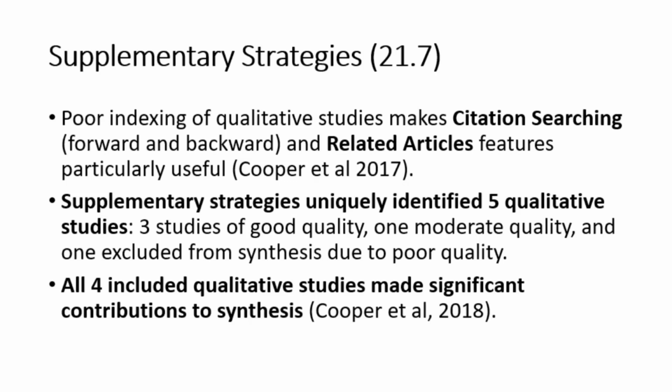And the evidence for this is relatively thin and relatively recent, but an example of this is where supplementary strategies such as these identified 5 qualitative studies that wouldn't have been picked up through the more traditional routes. And 3 of these studies were of good quality and 1 moderate quality. But more importantly, those 4 included qualitative studies made significant contributions to the synthesis. So certainly attention to supplementary strategies is worthwhile in terms of a better review.